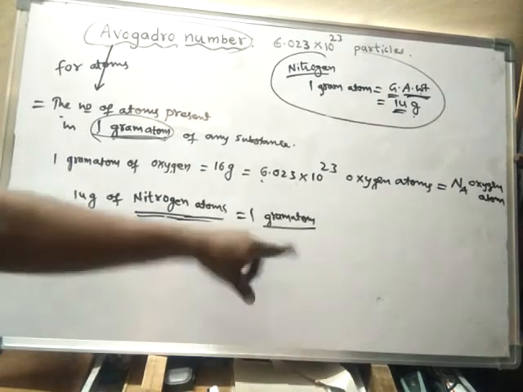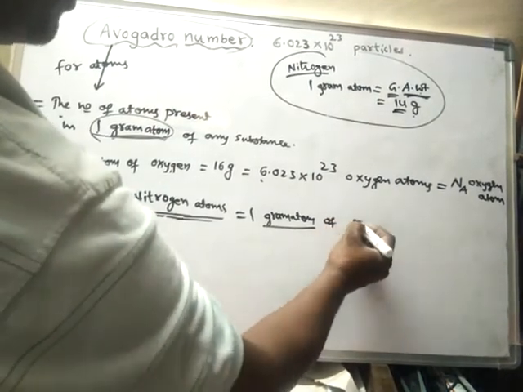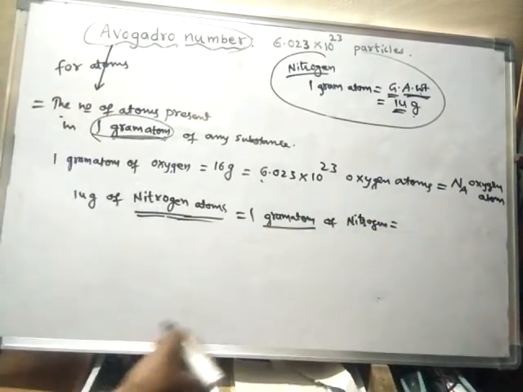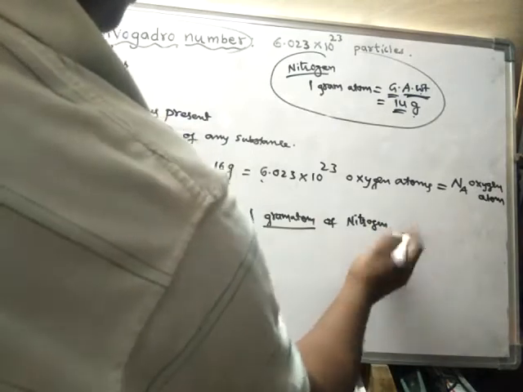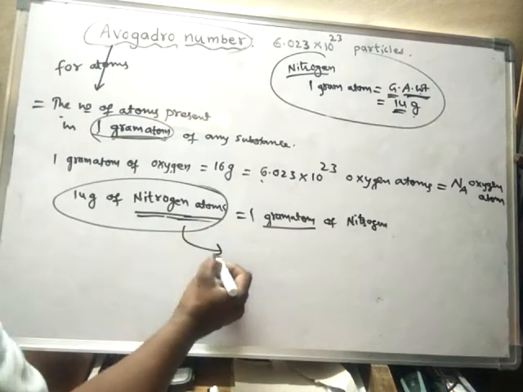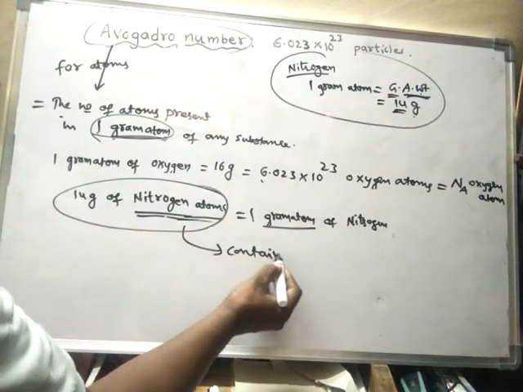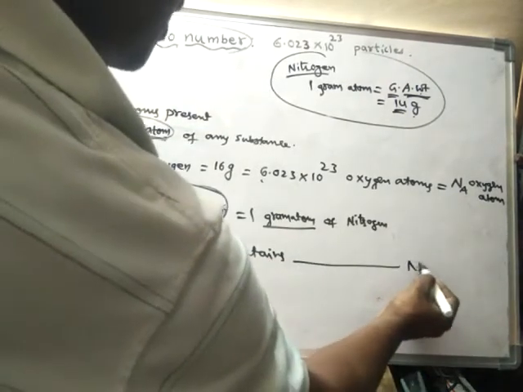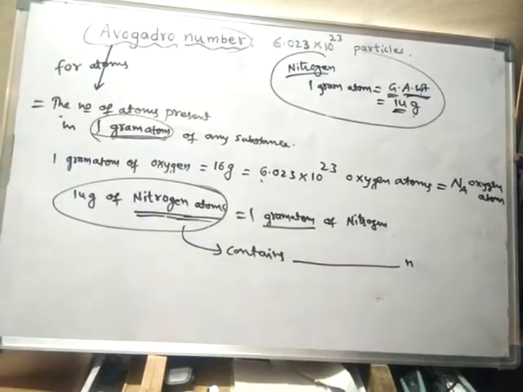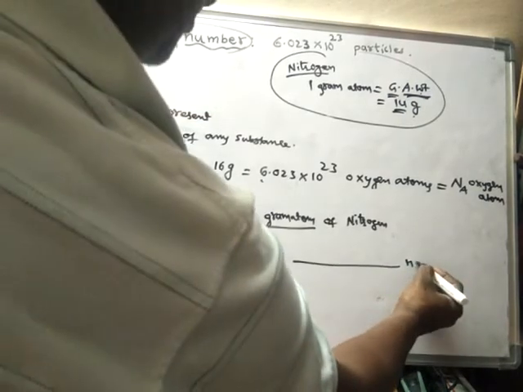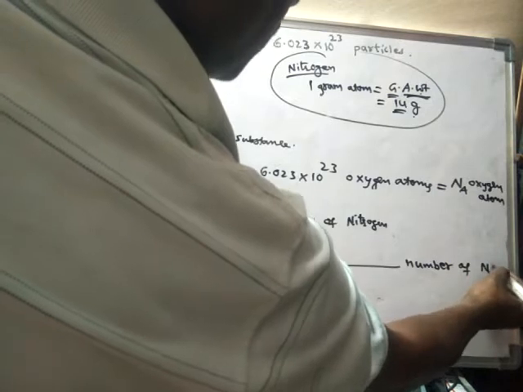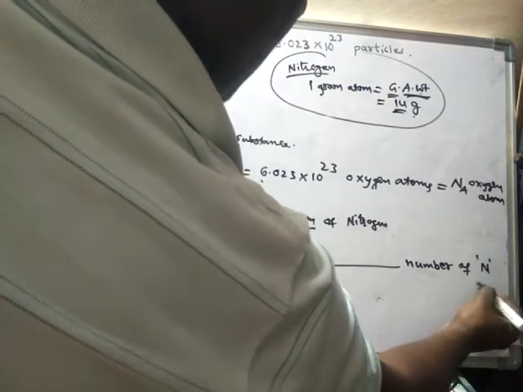That means 1 gram atom of nitrogen contains 14 grams of nitrogen atoms, and contains a certain number of nitrogen atoms.